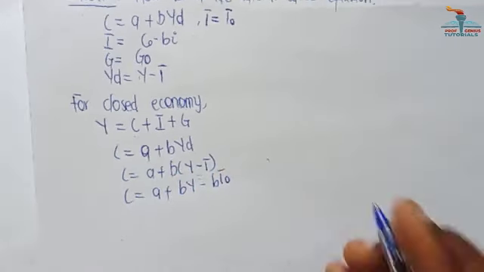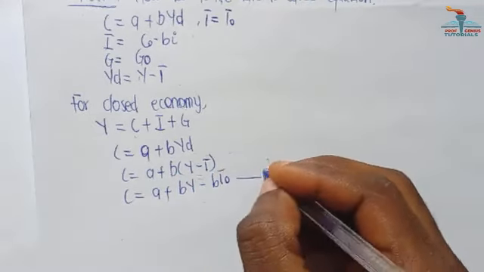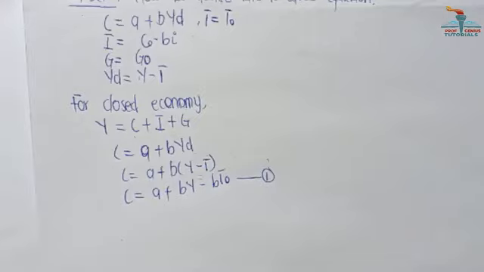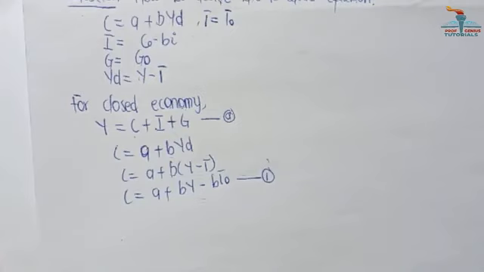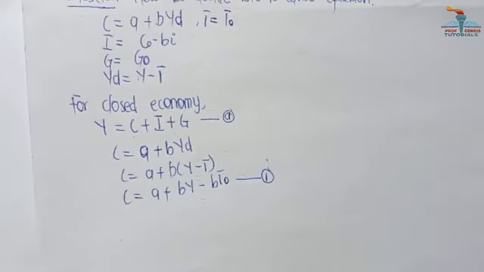Now we are going to substitute equation 1 into C, I and our government expenditure.